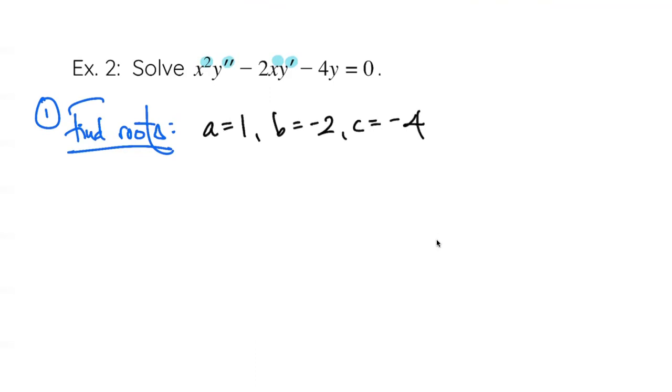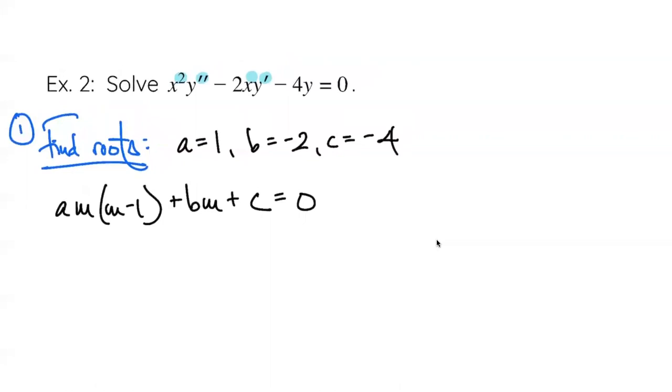And we're going to plug them into A m(m minus 1) plus B m plus C is equal to 0, okay? And that's what we're going to be putting our A, B, and C into. And so we have m times (m minus 1) minus 2m minus 4 equals 0.